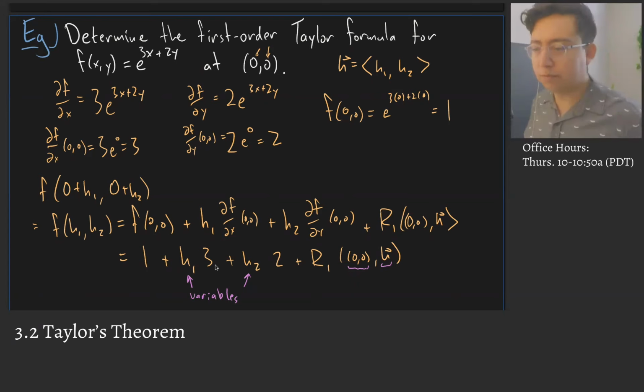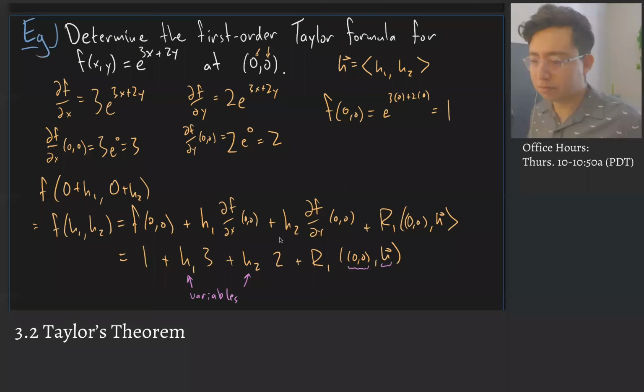Cool. Yeah. So I think of it as like the error term. If we left off this term, these first three terms are basically a linear approximation of this function near the origin. So if I was looking near the origin at this function, and I plugged in small numbers for h, then this here would give us an approximation for plugging in those numbers up here.